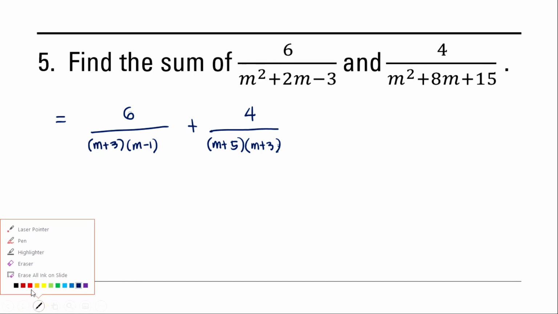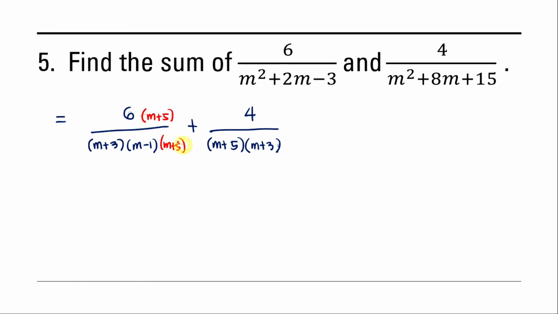Multiply natin yung first fraction sa kulang natin, which is m plus 5. Second fraction, i-multiply naman natin siya sa m minus 1. Nakikita natin na yung denominator niya pare-parehas na yung term.